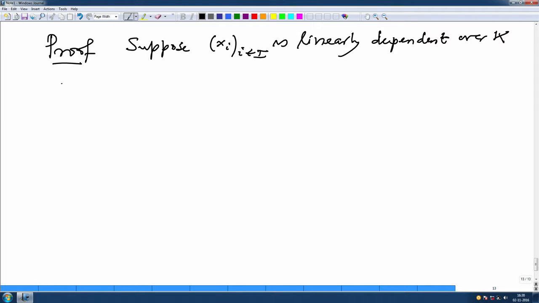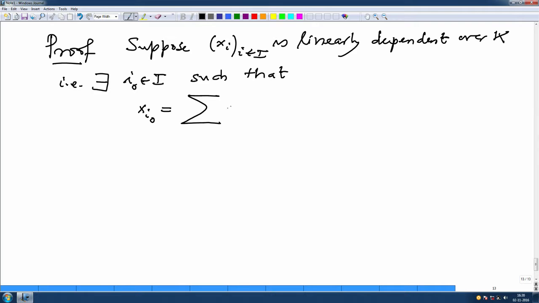So there exists definitely one index i naught in I such that x i naught is a combination of the remaining ones, the sum of a i xi, where i runs in I and i is not i naught.